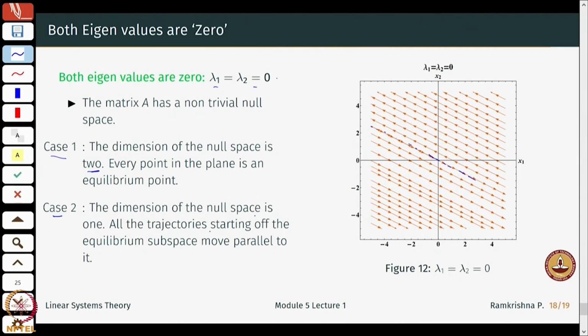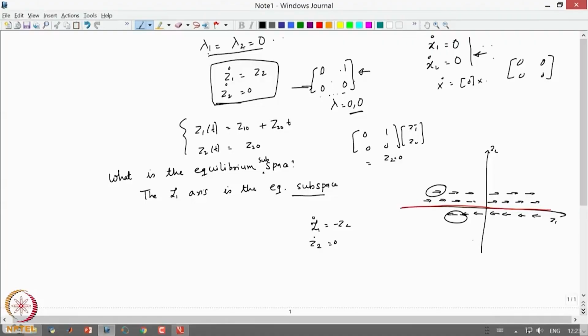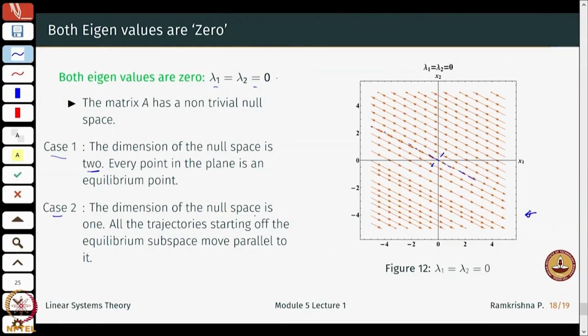All trajectories starting off the equilibrium subspace, either here or here, will just move parallel to it, similarly to what we saw in the plots in the Z1 Z2 plane, and equivalently in the x1 x2 plane they will look something like this.